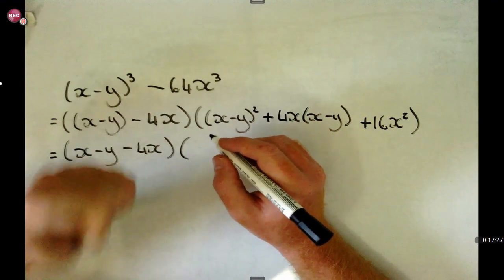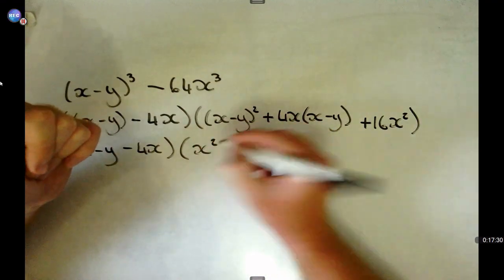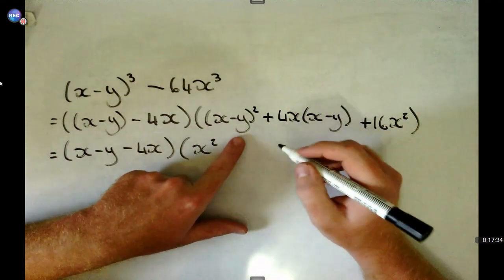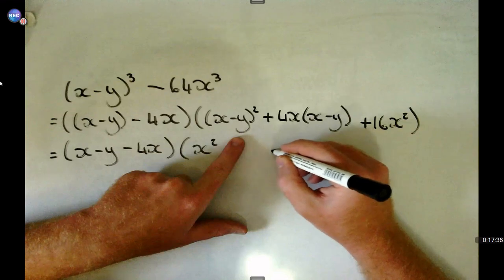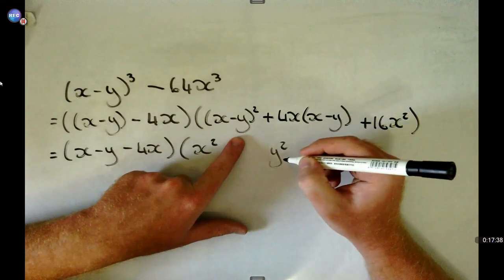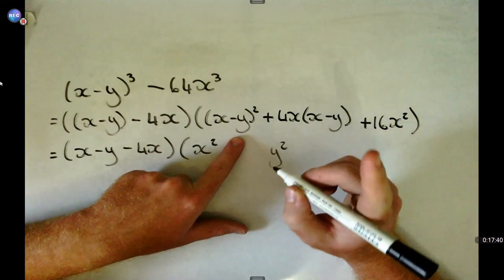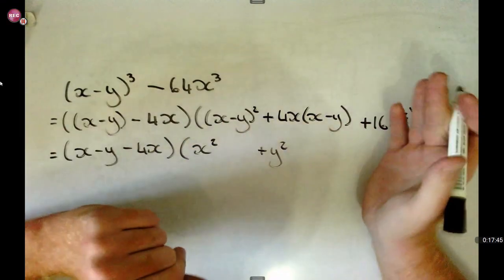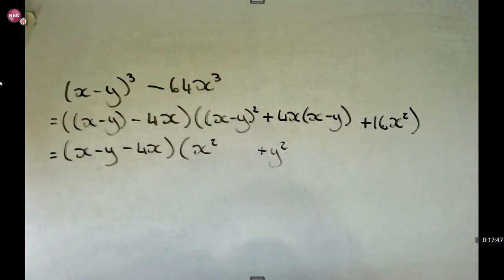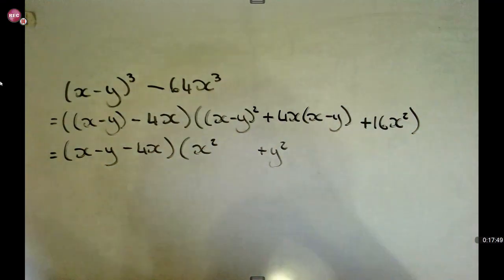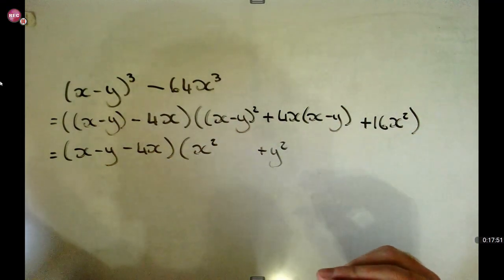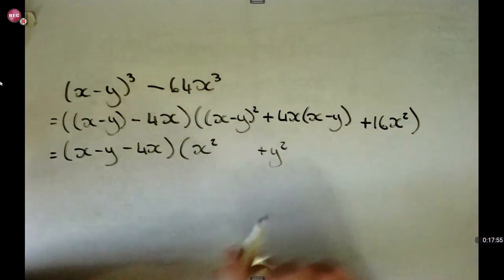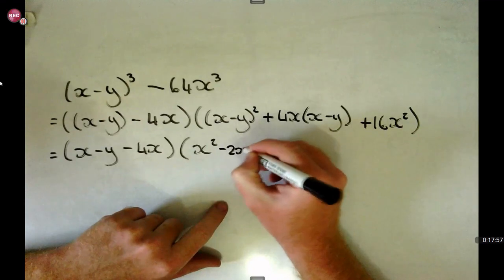Obviously I'm going to say x times x, which gives me x squared. Then I will have y times y, which is obviously going to give me y squared, with a positive sign, because negative y times negative y gives me positive y squared. And then obviously if I solve for the middle terms, I will then get negative 2xy.